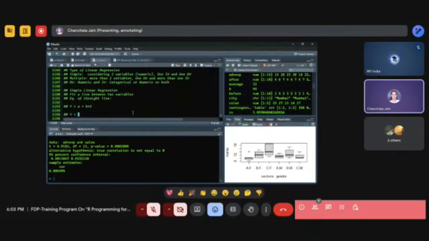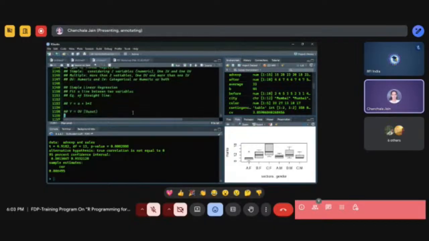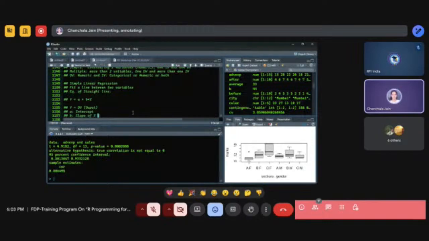So when I'm saying y is equal to a plus bx, it means that y is my dependent variable, or maybe output variable, right? Then a will be the intercept, b will be the slope of x, or we can call it the coefficient of x, right?